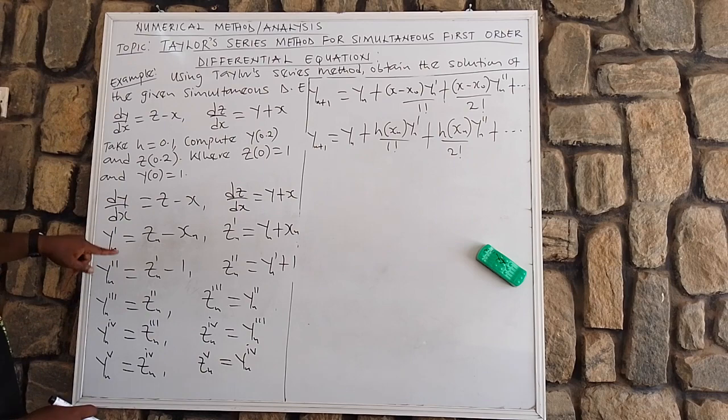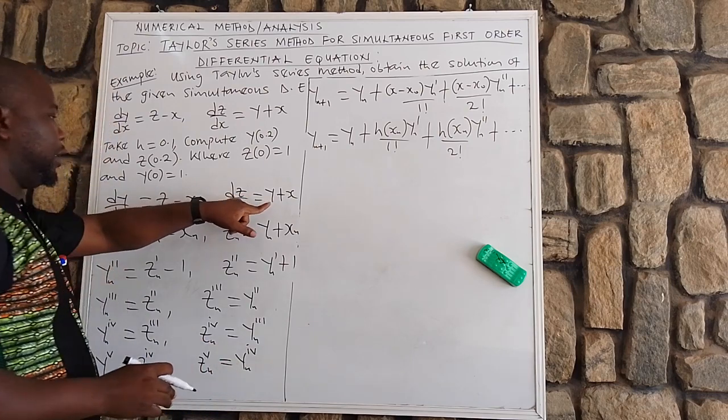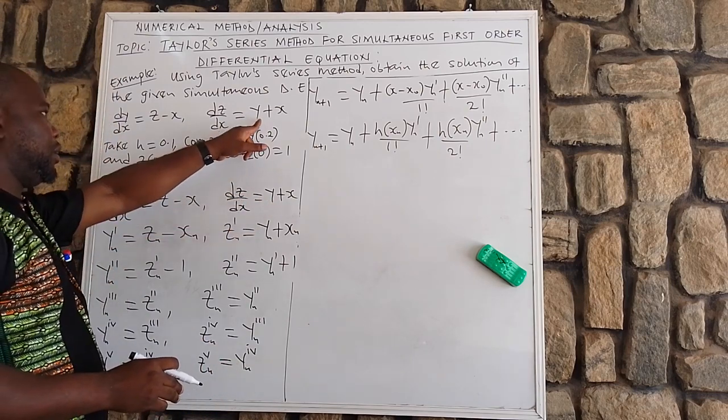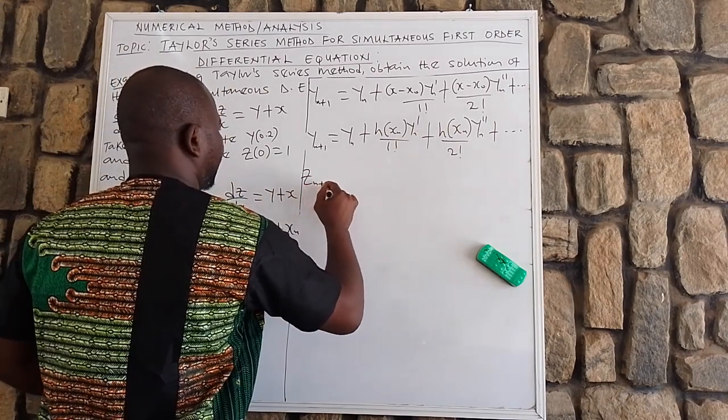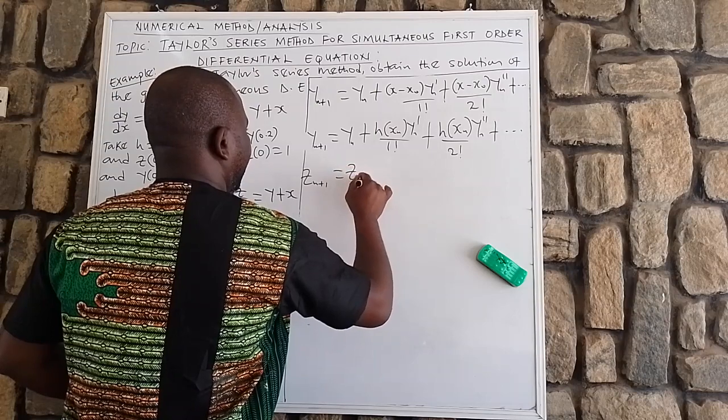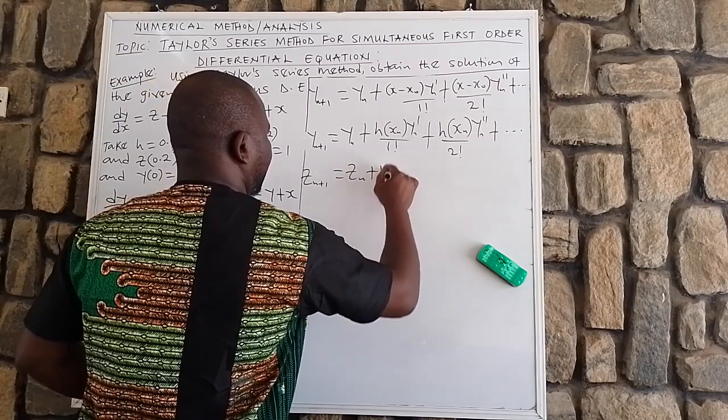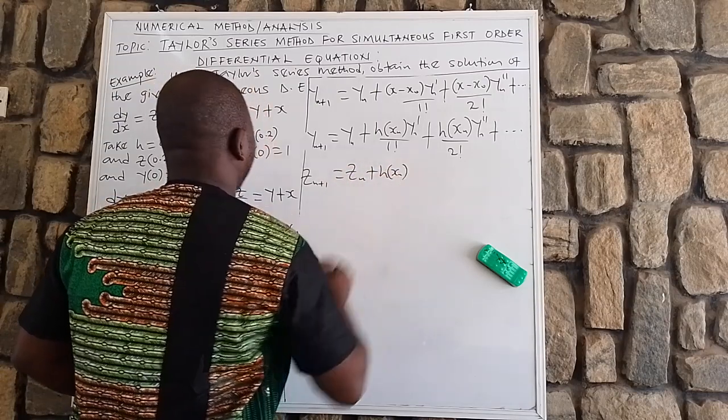Then when we come to z, since this is a simultaneous differential equation, z subscript n plus 1 will be z subscript n plus h times z prime at x n all over 1 factorial, plus h squared times z double prime at x n all over 2 factorial, and so on.